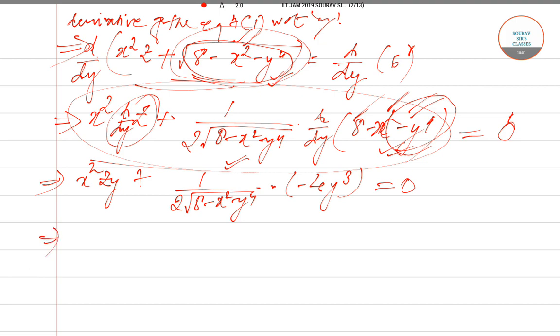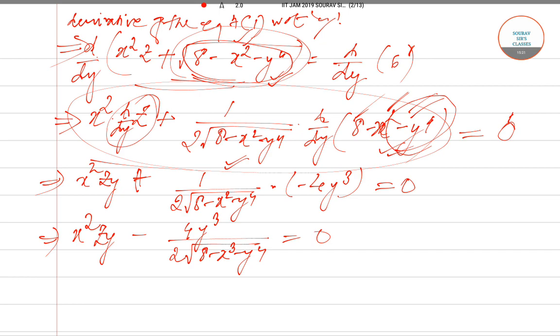Since we have a minus over here and a plus over here, minus plus will become minus, and we will write x square zy minus 4y cube divided by 2 root 8 minus x square minus y to the power 4 equal to 0.